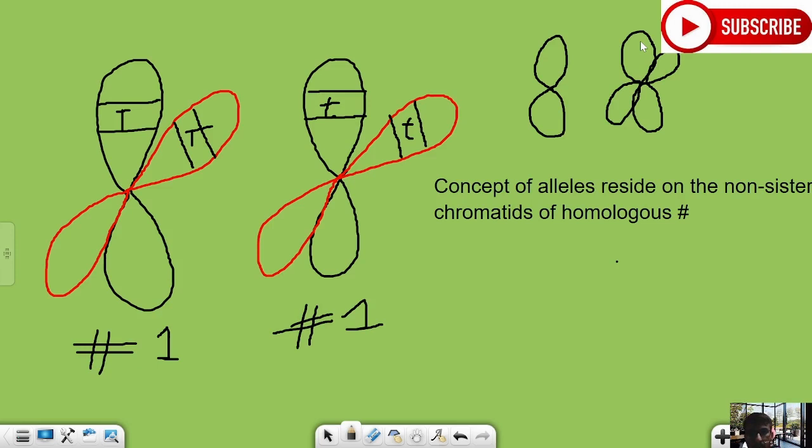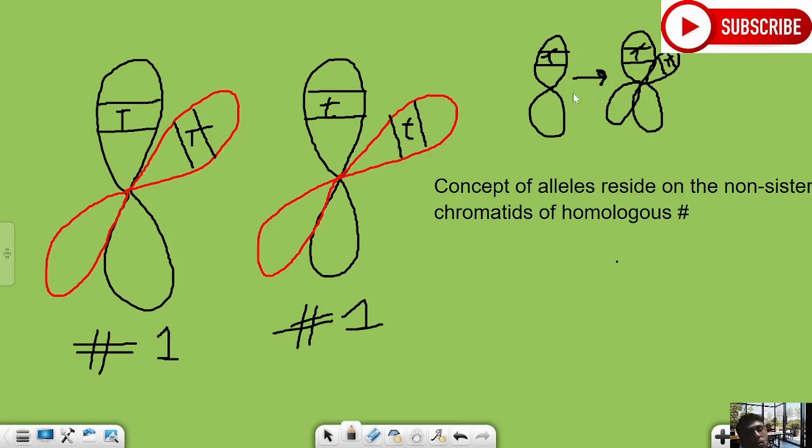Okay, this is the case of replication. So, if one chromosome of a homologous pair has a capital T, after the replication phase, the same T will be present in the sister chromatid, right? The same T at the same position, capital T will be present.